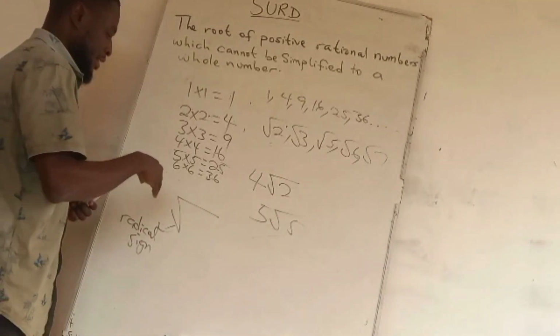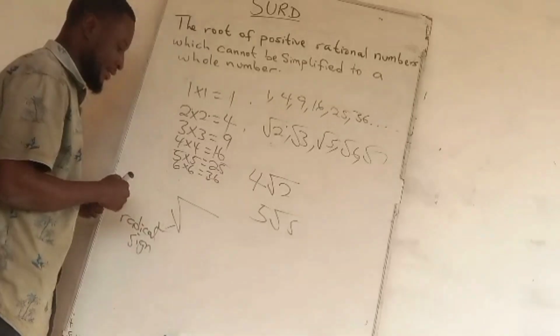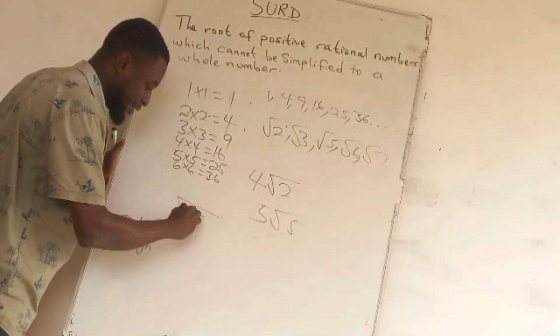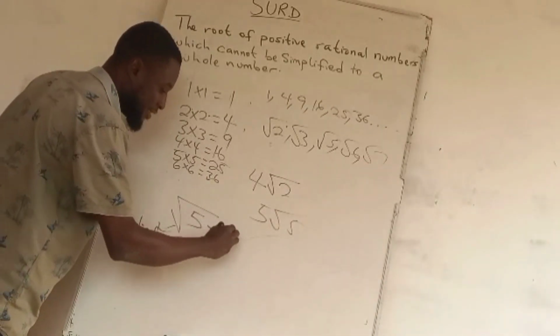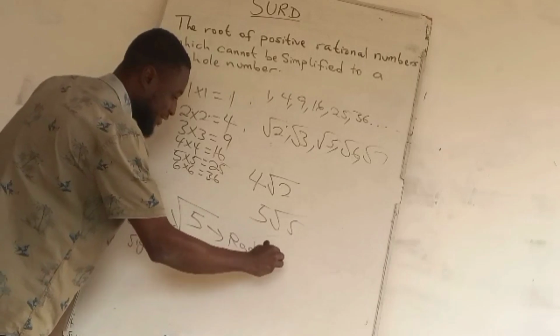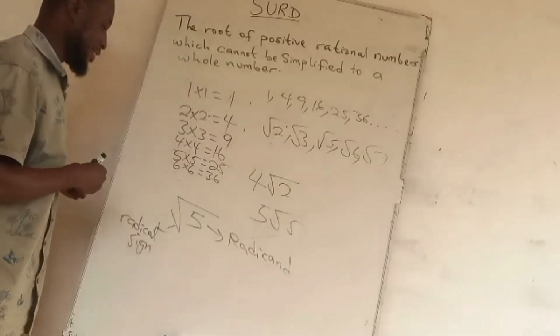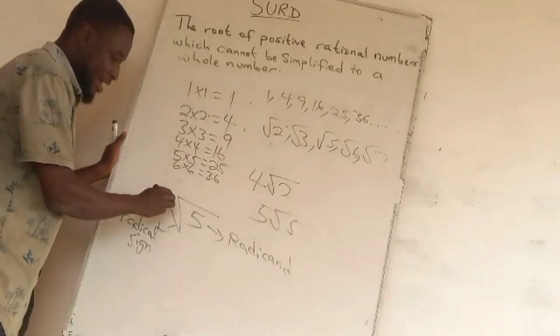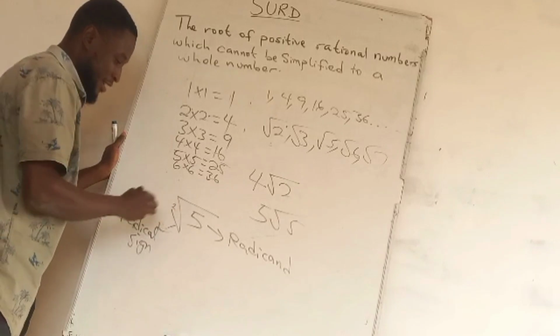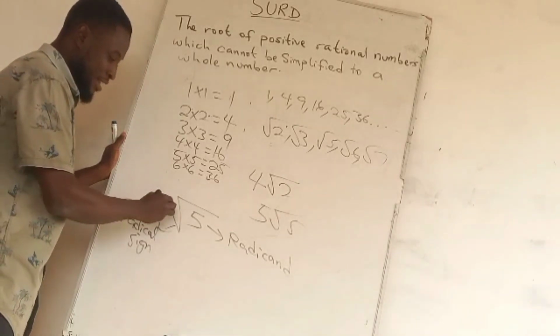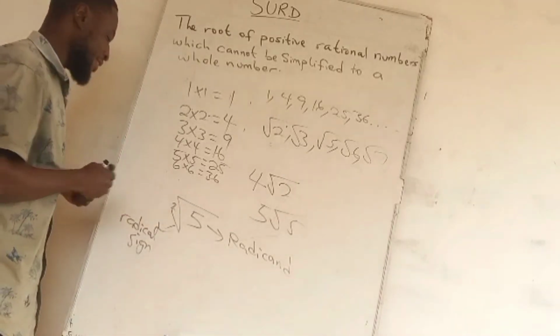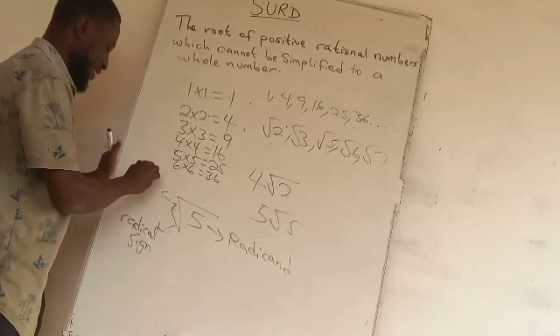And the rational number within it is known as the radicand. Radicand. And the number written here is known as the index.